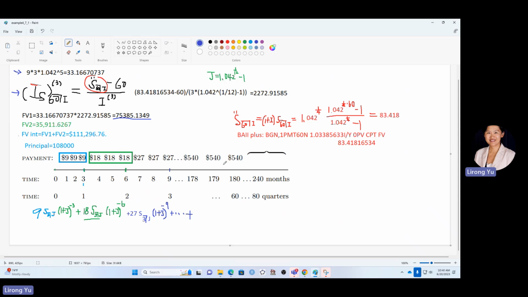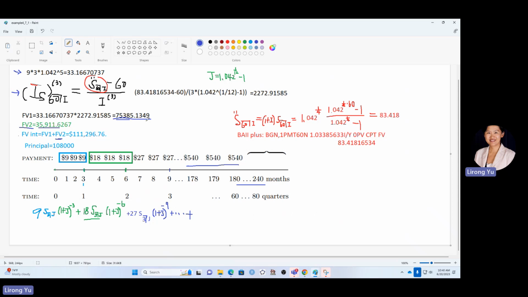For the second cash flow, the future value should be the same way, a payment of 540. So that one we don't have to do any new way to calculate it.